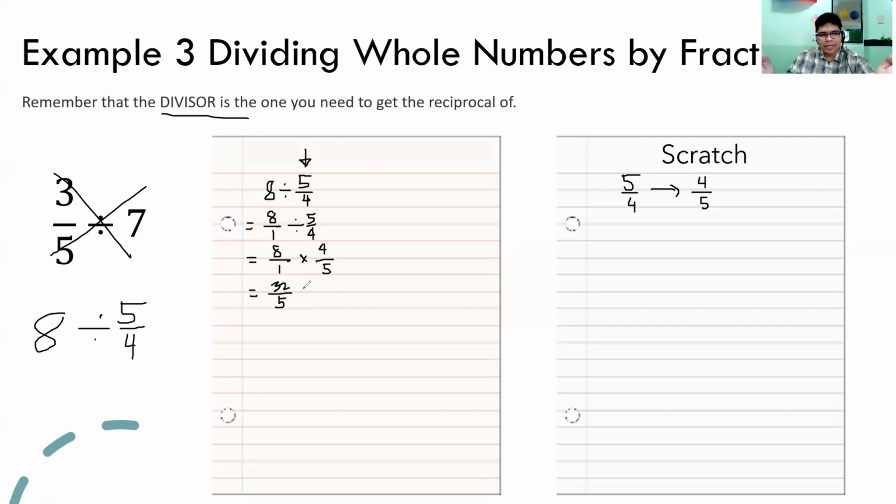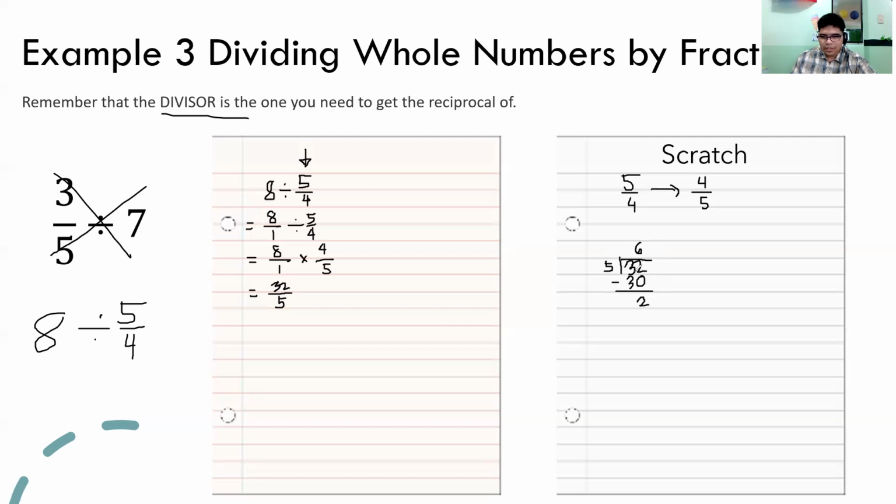But again, our answers will be much more elegant if it is put in the mixed number form. So let us actually put 32 over 5 into mixed number form. There are several ways to do this, but one very simple way is to divide it. So 32 divided by 5, and then we'll have here 6, that's the closest one, that's 30, with a remainder of 2.